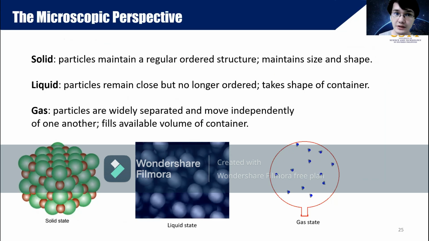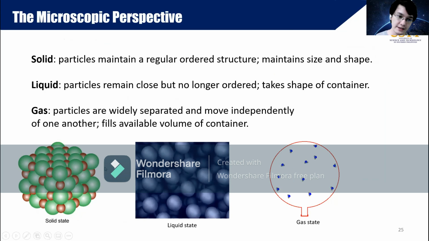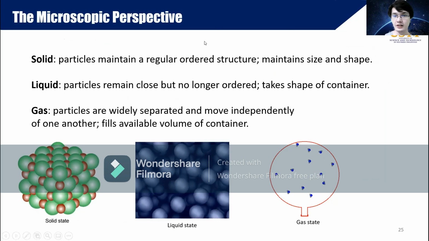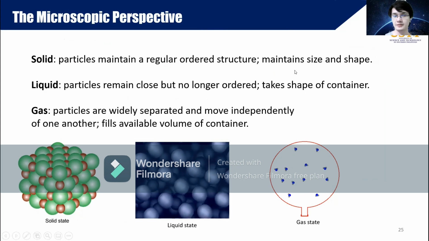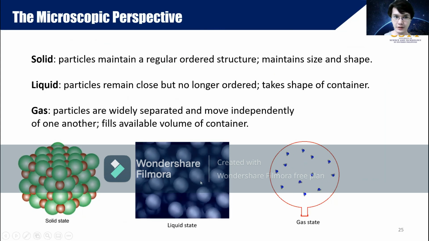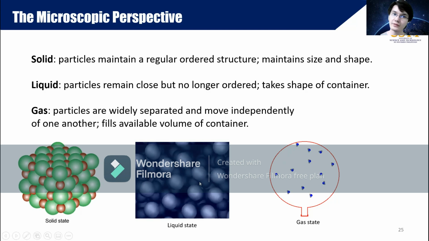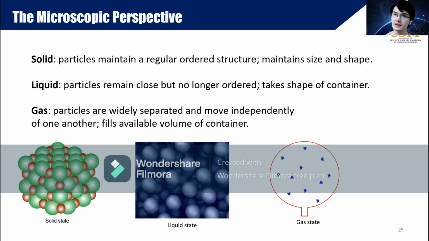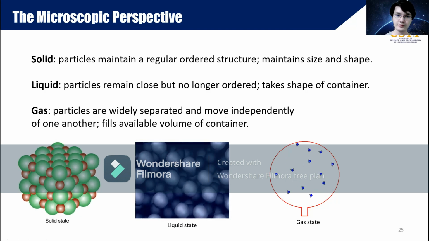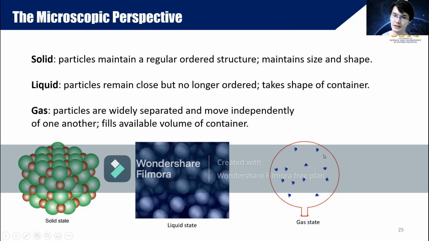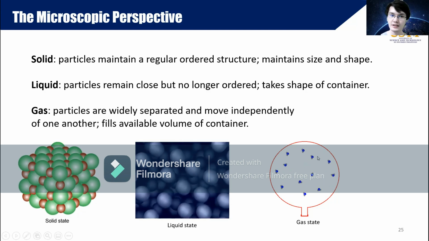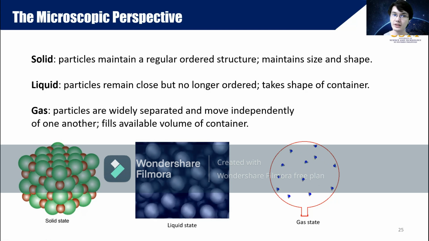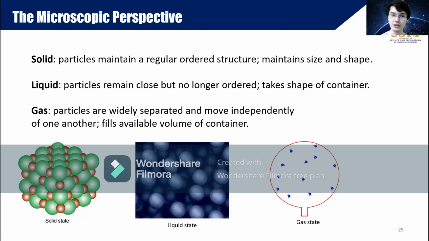So at a microscopic level, we can see the solid state as an ordered structure. In a liquid, there is movement in such a way that it takes up the space that contains it. Then in a gas, they behave in such a way that they are widely separated and move independently of one another.